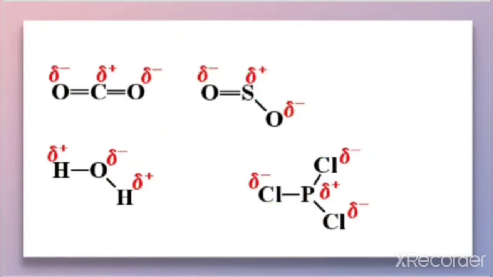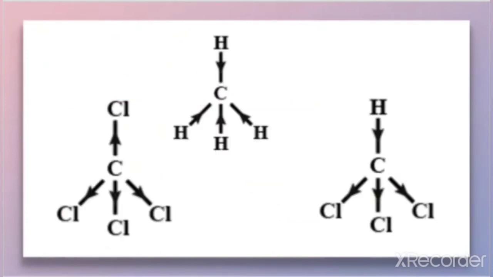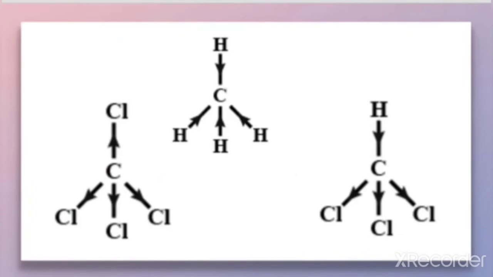Let us take examples like CCl4, CH4 and CHCl3. In the case of CCl4, the arrow will be towards chlorine because chlorine is more electronegative.